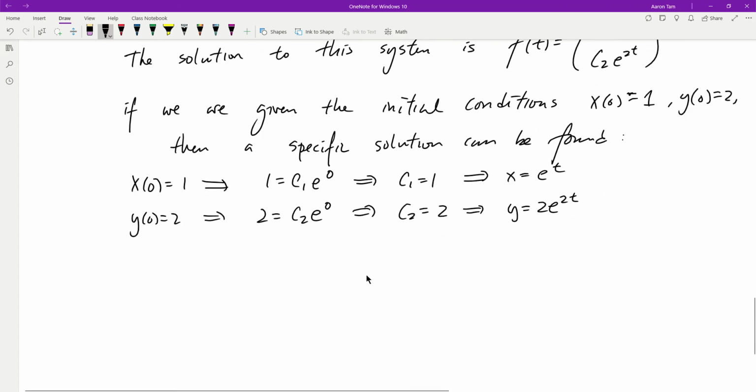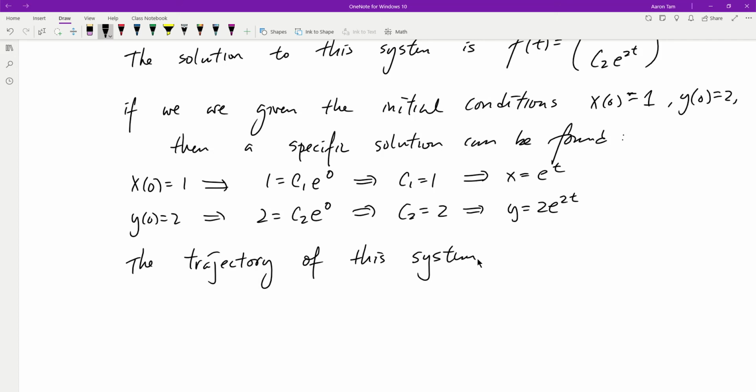So now with this initial condition, we can say that the trajectory of the system is f of t equal to (e to the t, 2e to the 2t).